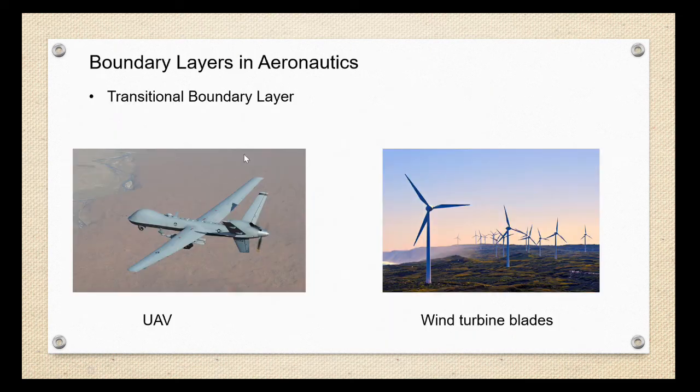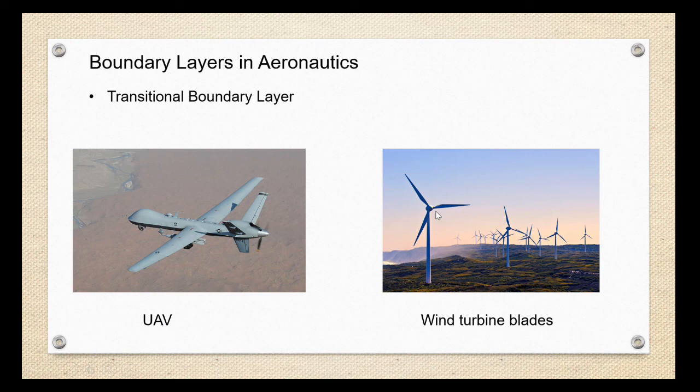Now, you could also have instances where the Reynolds numbers are intermediate to laminar and turbulent regimes, and then you get a transitional boundary layer. So, for example, an unmanned aerial vehicle, which has a short chord, much shorter than these large passenger aircraft, typically experiences transitional boundary layers or transitional Reynolds numbers.